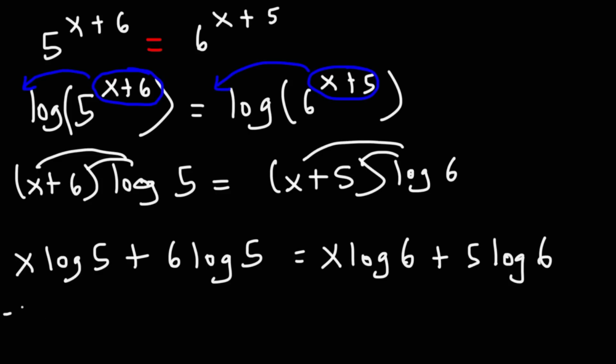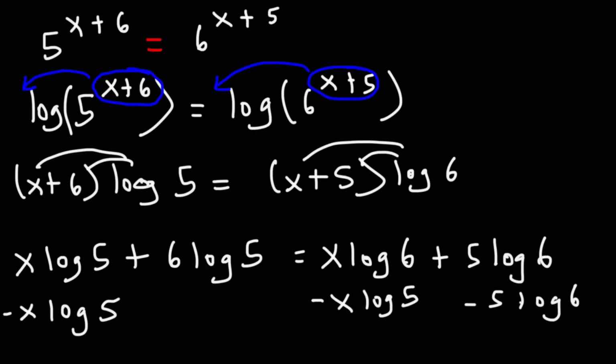Now, I'm going to subtract both sides by x log 5. And I'm going to subtract both sides by 5 log 6. So these will cancel.